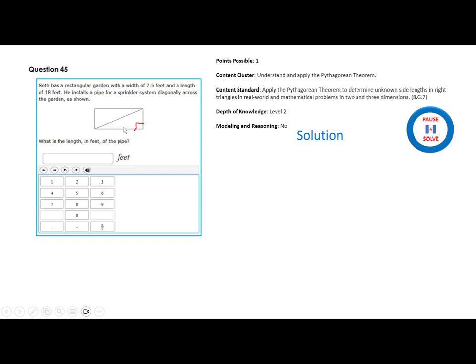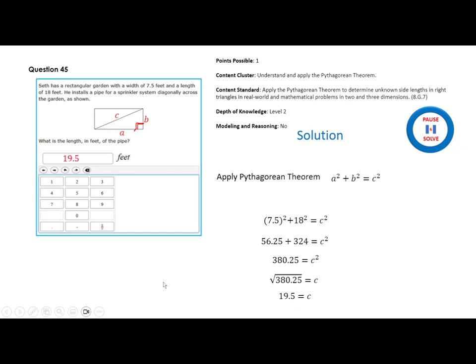Every time you see a triangle with a right angle, you think of the Pythagorean theorem, okay? So you put A, B, and that's C. Let's apply the theorem: A squared plus B squared equals C squared. Do the math. You get 19.5.